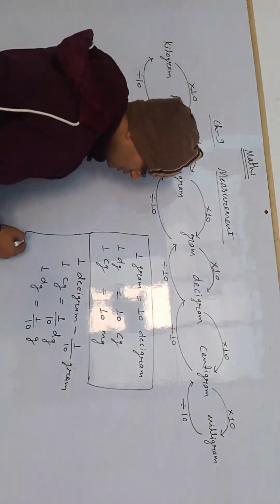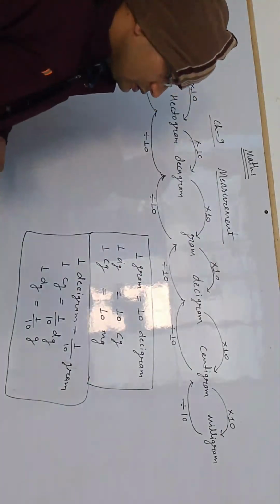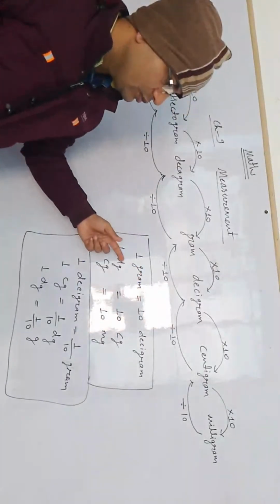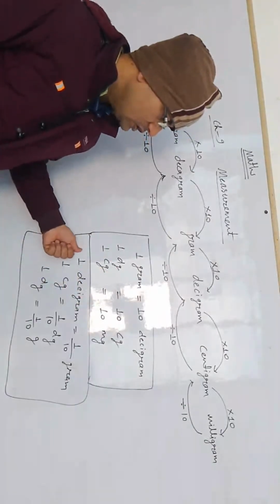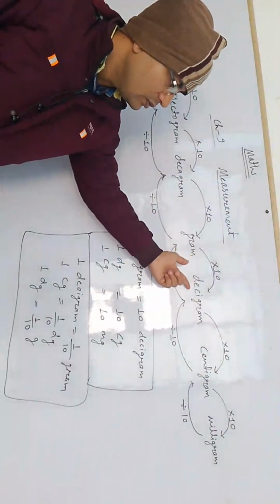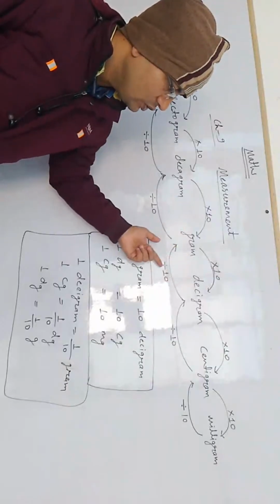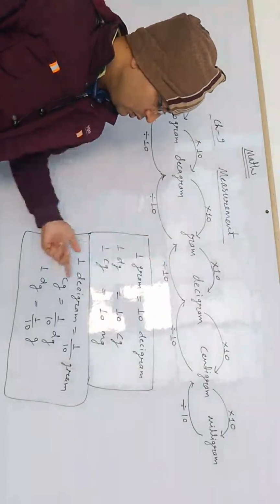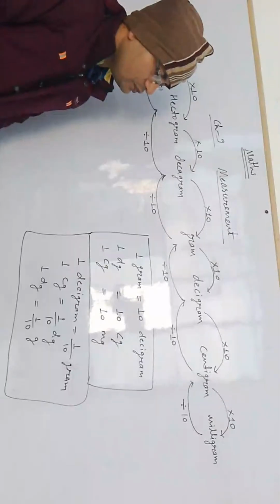Okay, this is your chart, and understand it. 1 gram is equal to 10 decigram, 1 decigram is equal to 10 centigram, 1 centigram is equal to 10 milligram. 1 decigram is equal to 1 upon 10 gram. In 1 decigram, there is 1 upon 10 gram.